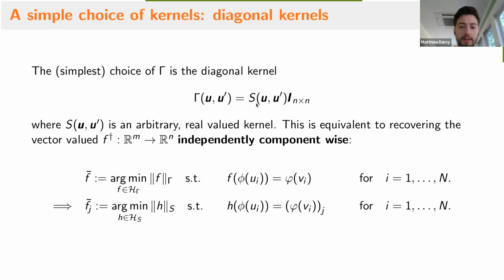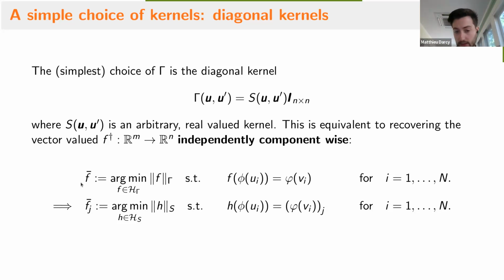The reason this is a very simple choice is that it amounts to recovering the vector valued function f dagger independently, component wise. So you fix every component of R^n, think of it as a scalar valued function, and recover each one independently from all the others.